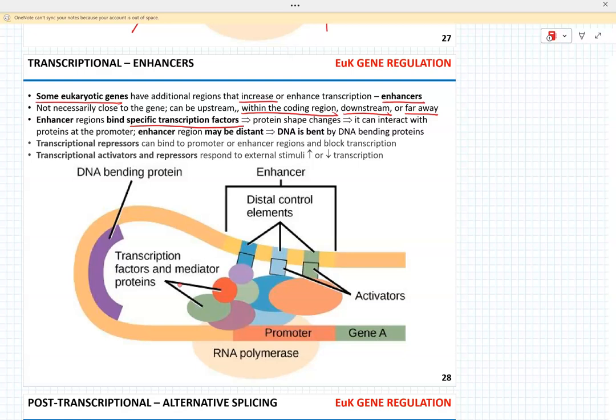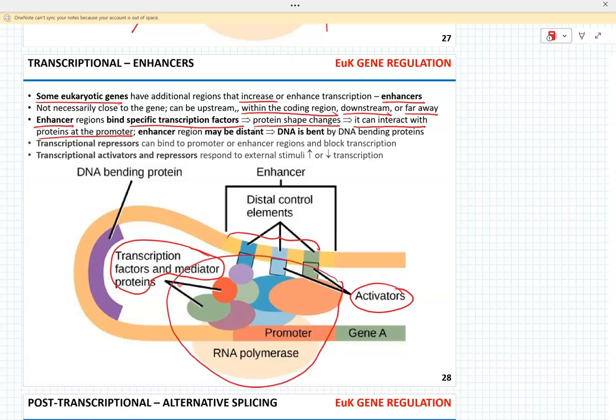Specific transcription factors bind to the enhancer region, which results in a change of the shape of the proteins bound to the enhancer. Thus, these proteins can interact with a promoter. You can see here that activators that bind to the enhancer can bind to mediator and transcription factor proteins, forming a very complex arrangement, highly efficiently regulating eukaryotic transcription.